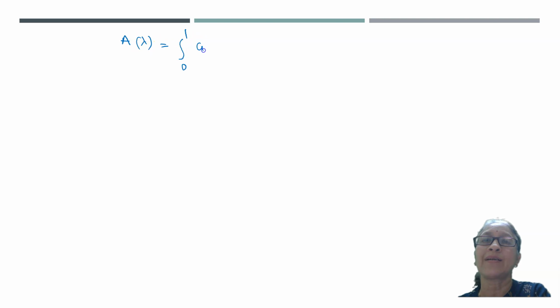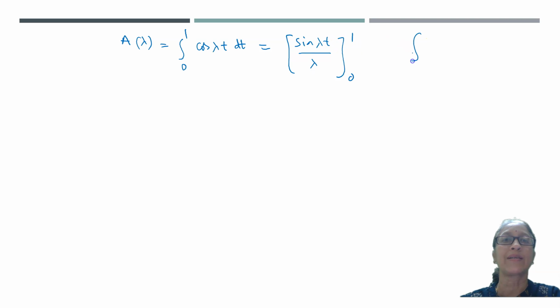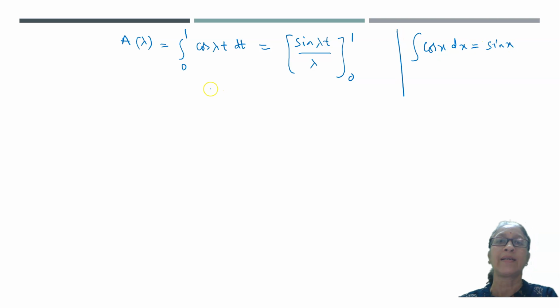We get A(lambda) equal to integral 0 to 1 cos lambda t dt, which is equal to, if you integrate this, here sin lambda t upon lambda under the limits 0 to 1, because integral cos x dx equal to plus sin x. Then if you apply upper limit, you get sin lambda upon lambda minus sin 0 upon lambda, which is equal to sin lambda by lambda.